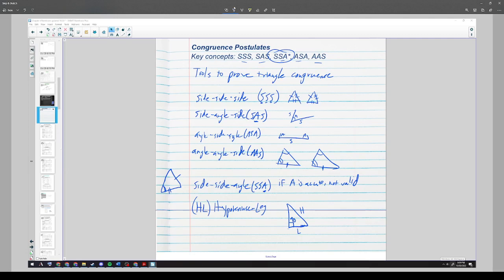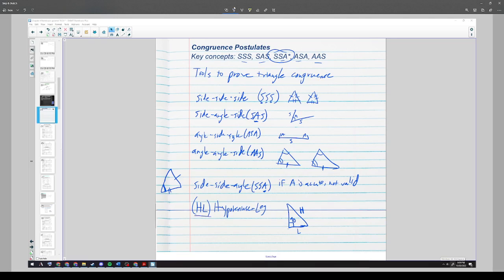So SSA, not SAS, that one was valid. That's a good one. SSA is the one that's iffy. So here, this is a form of SSA because we have the hypotenuse and the leg and then this angle, which is not the included angle. However, since the angle is greater than or equal to 90, we can use SSA here, but they give it a different name.